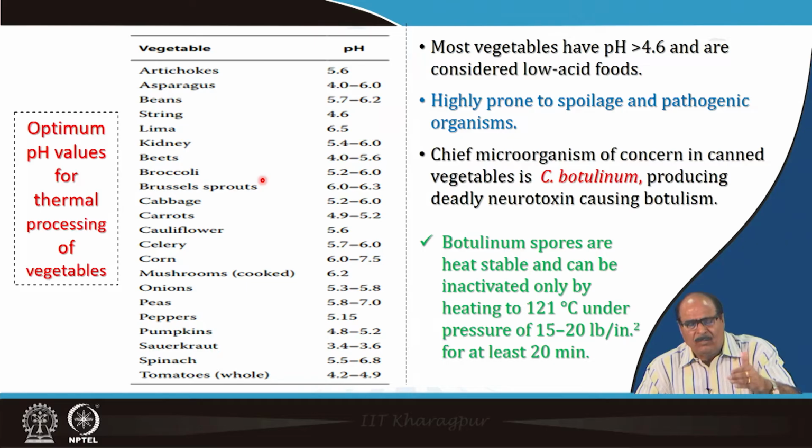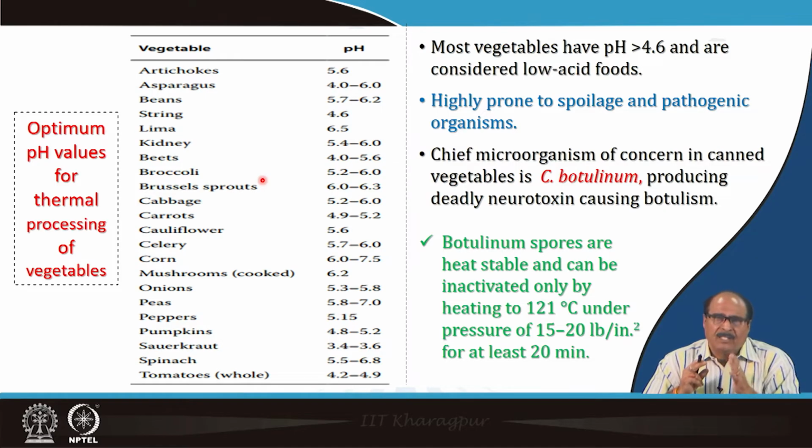Most of the vegetables you will find are low acid foods, and they are highly prone to spoilage and pathogenic microorganisms, and therefore, Clostridium botulinum is the main criteria. Botulinum spores are heat stable and can be inactivated only by heating to 121 degrees Celsius under pressure of 15 to 20 pounds per square inch for at least 20 minutes.